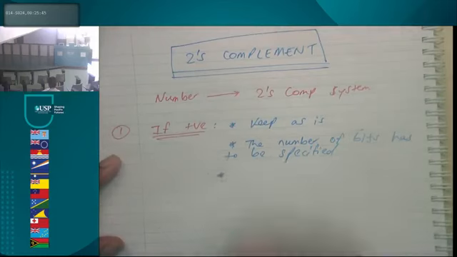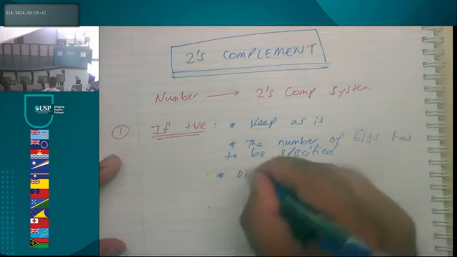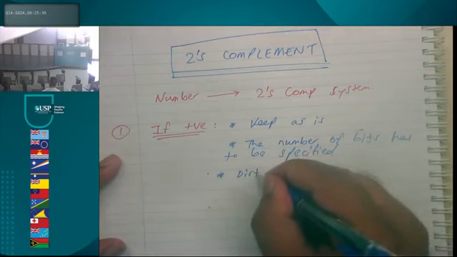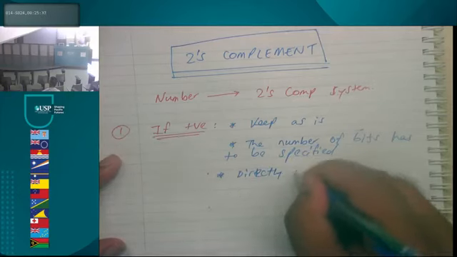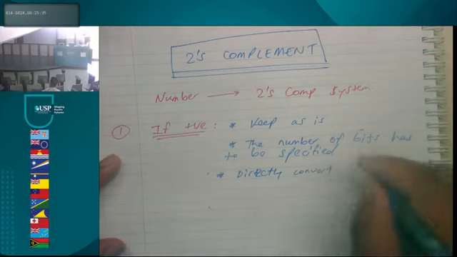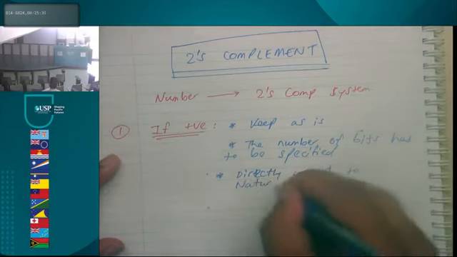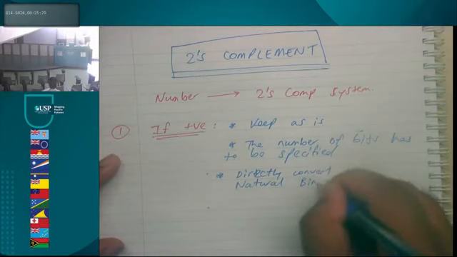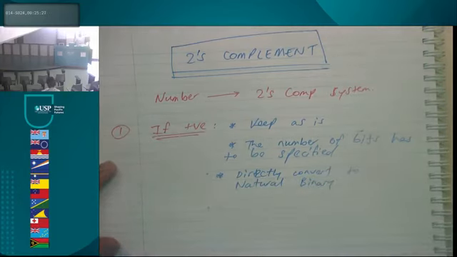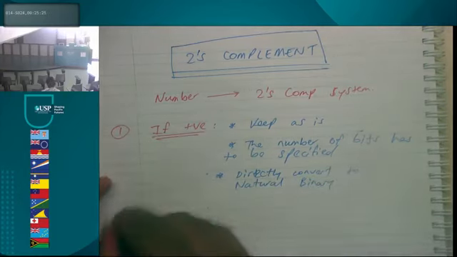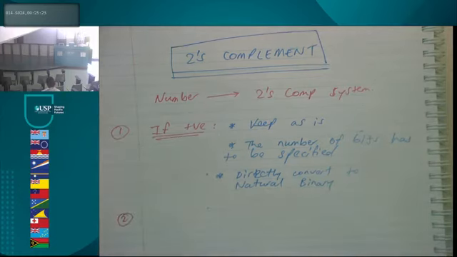Number 3, third point: if it is positive, we directly convert to natural binary. Positive has always been good, whether we've been doing sign and magnitude, 1's complement, and now with 2's complement.